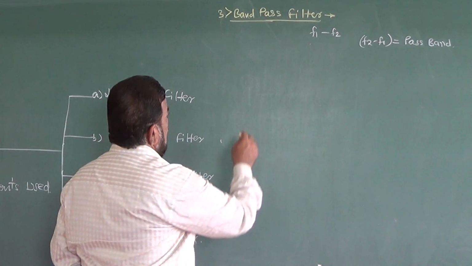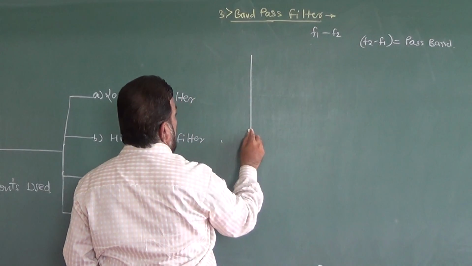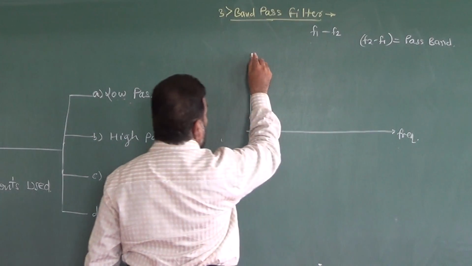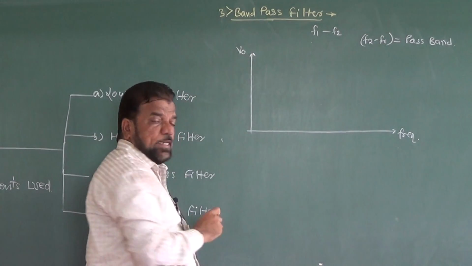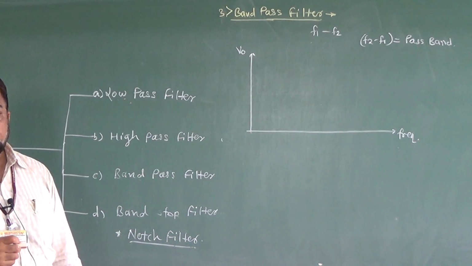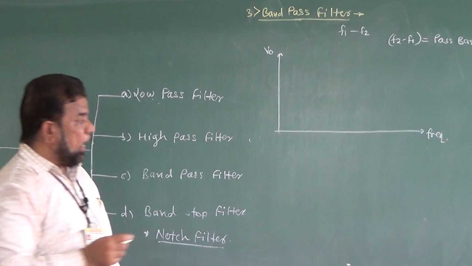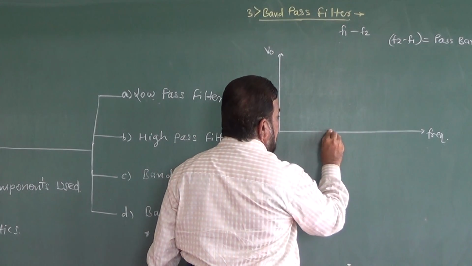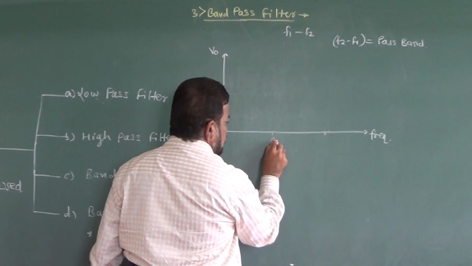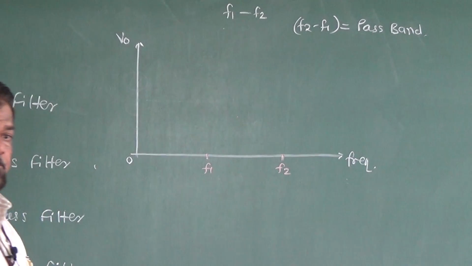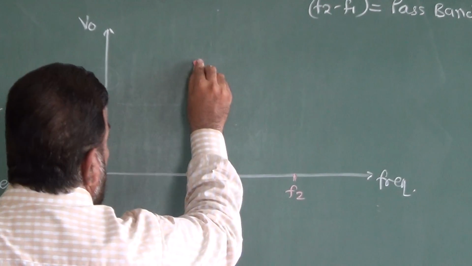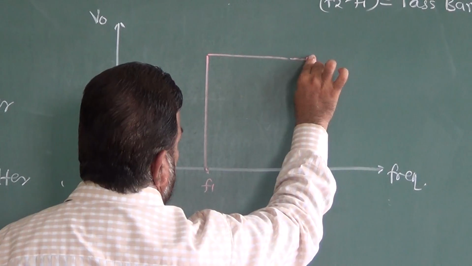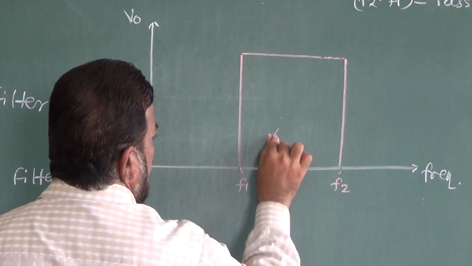The same thing if we represent with the help of graphs, the frequency response, again it is the graph of output voltage or gain of the circuit versus frequency. Ideally there should exist a frequency band where attenuation is 0, that means here alpha is equal to 0.